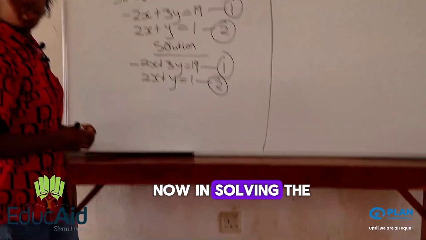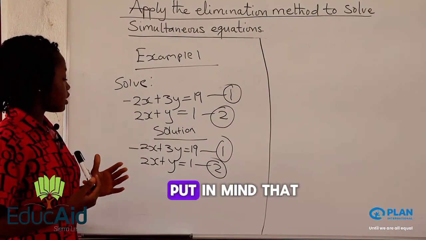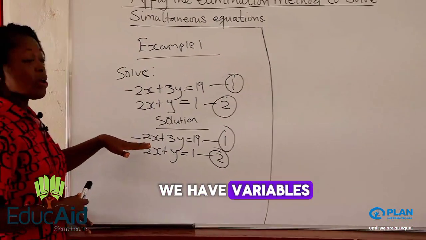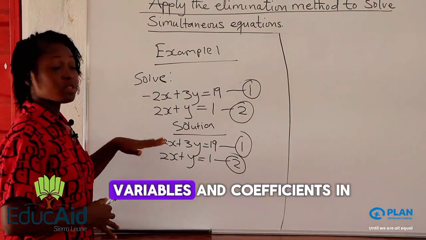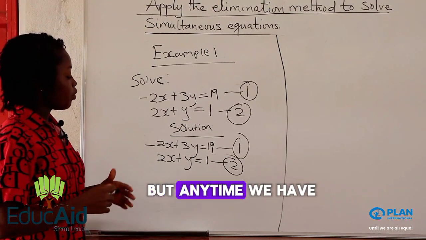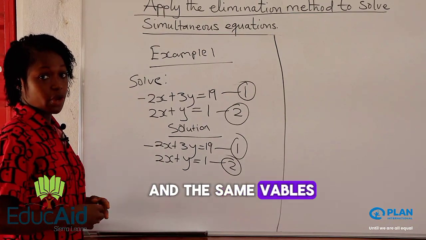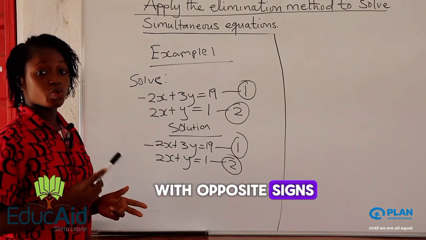Now in solving by the elimination method, we are supposed to put in mind that we have variables and coefficients in this equation. But anytime we have the same coefficients and the same variables with opposite signs, we cancel.